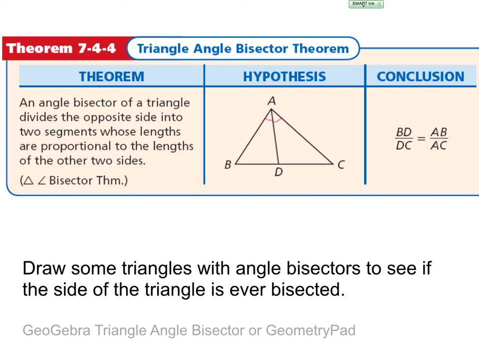I want to see if we can create this on either GeoGebra or Geometry Pad. So once you get the notes, let's grab your device and see if we can make a triangle. Put an angle bisector in there. And then I'm going to be interested in the lengths of BD and BC, BD and DC in this picture.